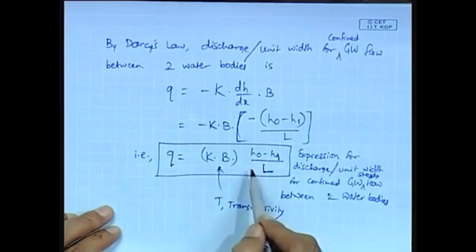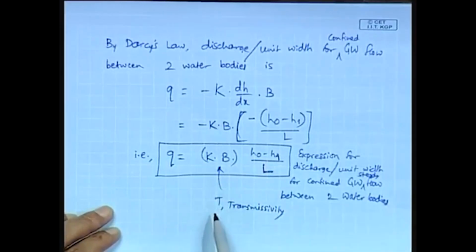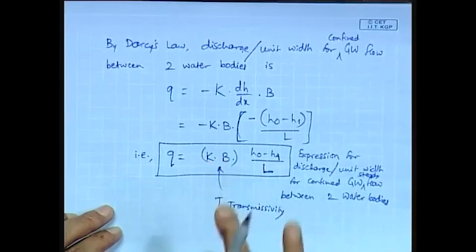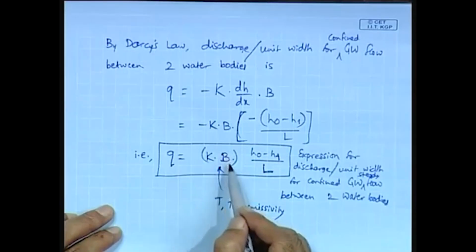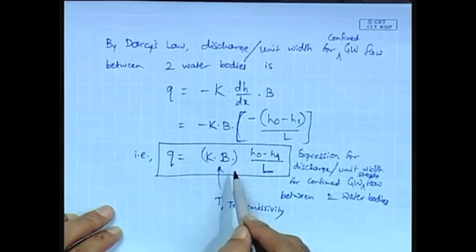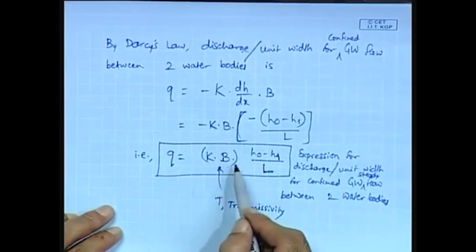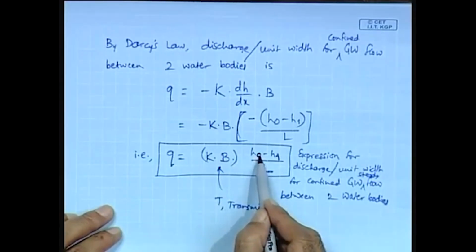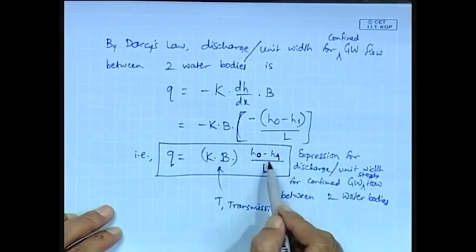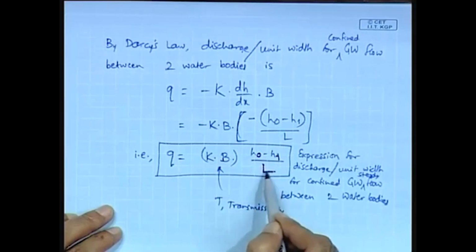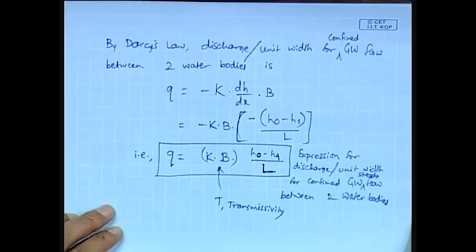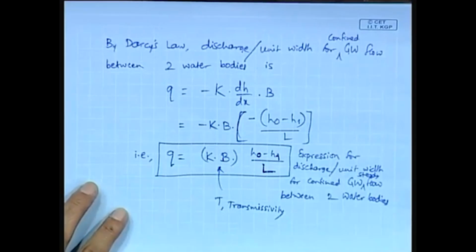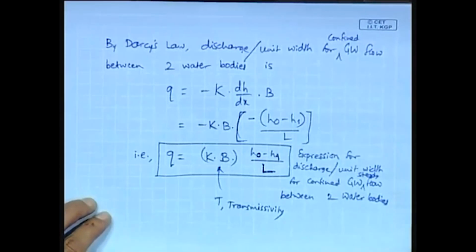So, if you know the transmissivity or the hydraulic conductivity and the thickness of the confined aquifer through which the flow takes place between the two water bodies, the upstream water body having a head of H0 and the downstream water body having a head of H1, and with a distance of L separating them, then this Q is given by K into B into H0 minus H1 divided by L.